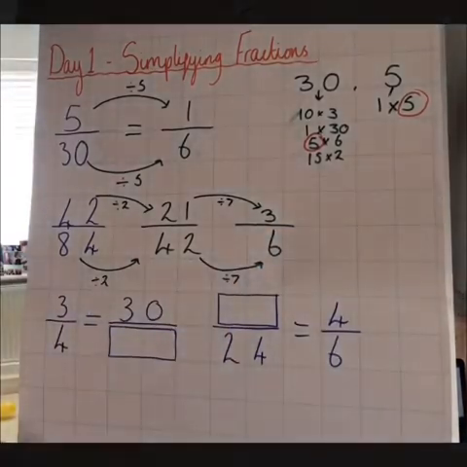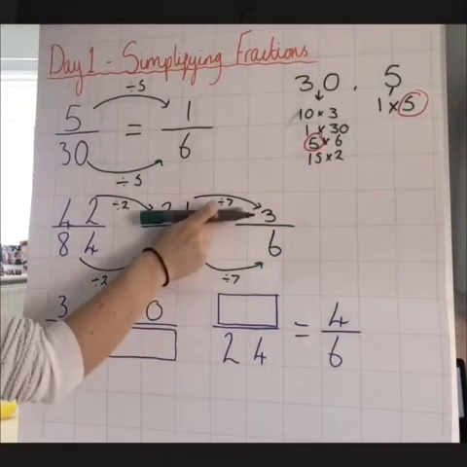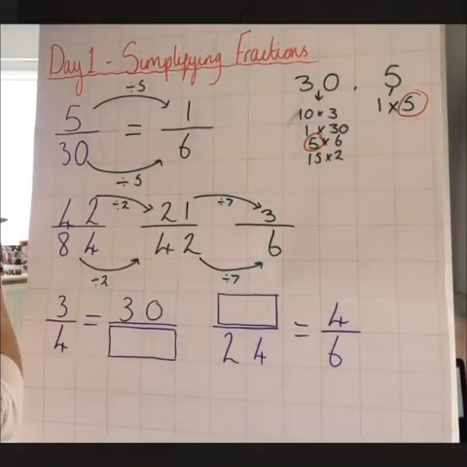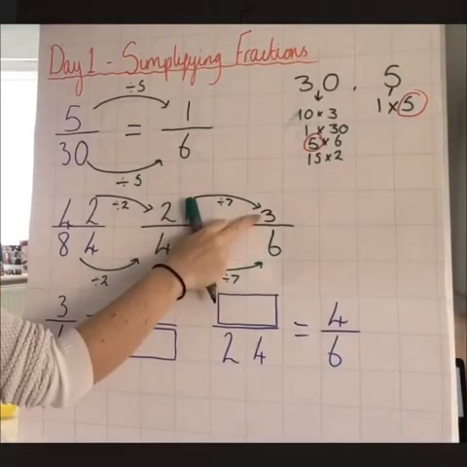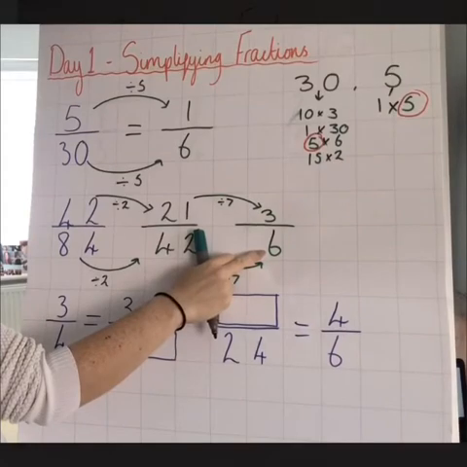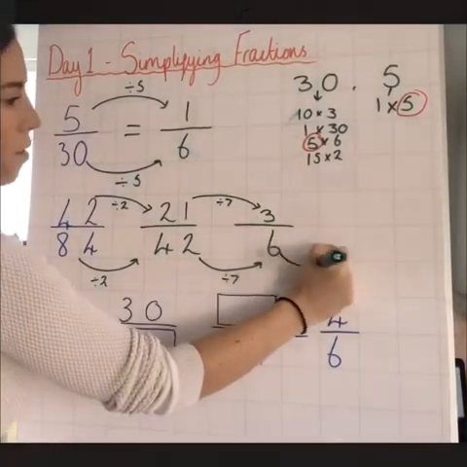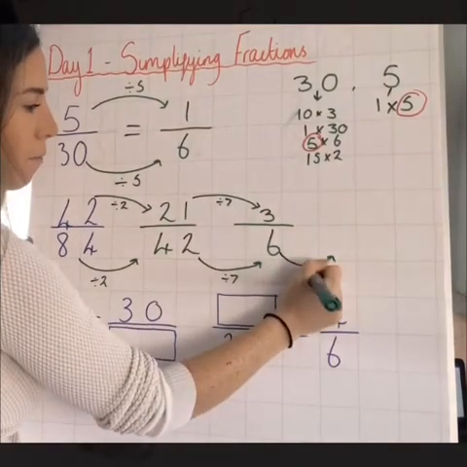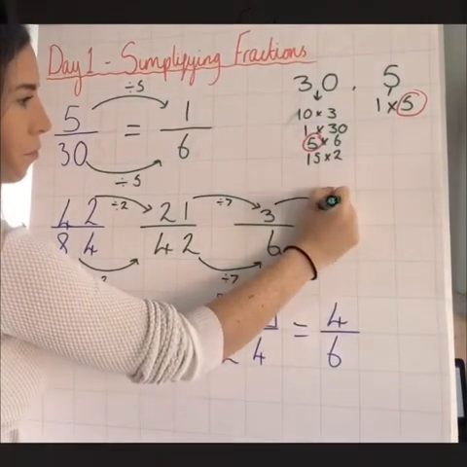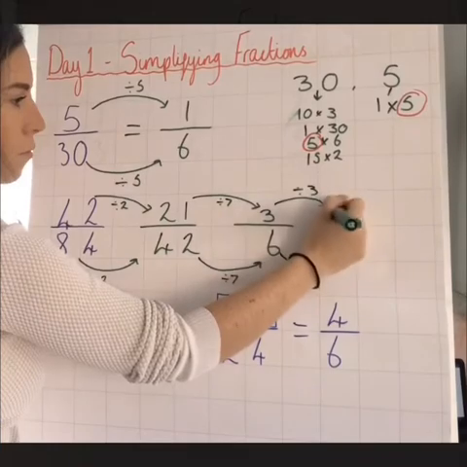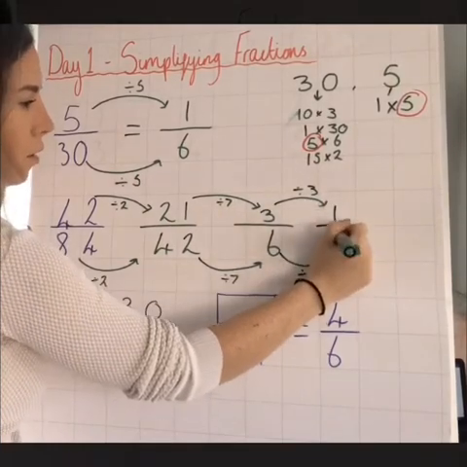Okay. Am I done here? Can I get these any smaller? Yes, because 3 and 6 are both in the 3 times table, so I could divide it by 3, which would give me 1/2.